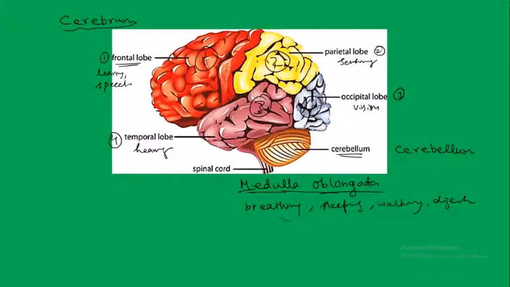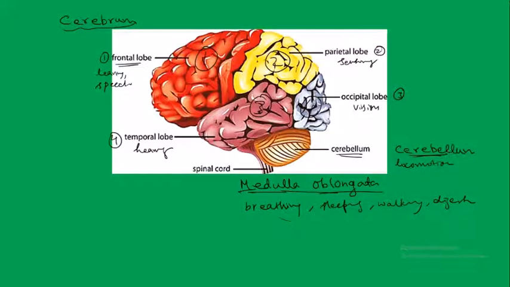The cerebellum is located on the back side of the brain. It coordinates with the skeletal muscles to produce the movements of the body, so it is important in locomotion. Balance and body posture are also controlled by the cerebellum.